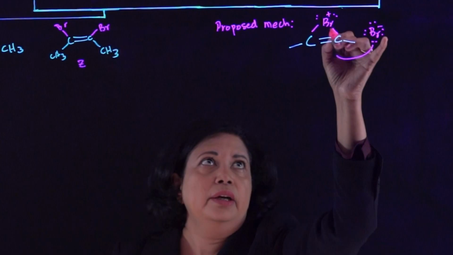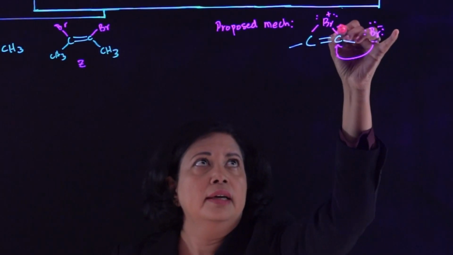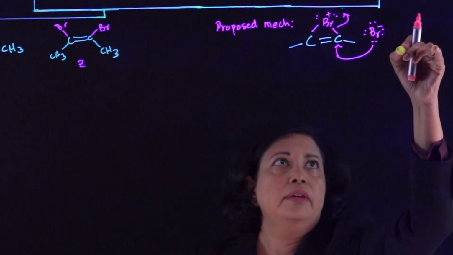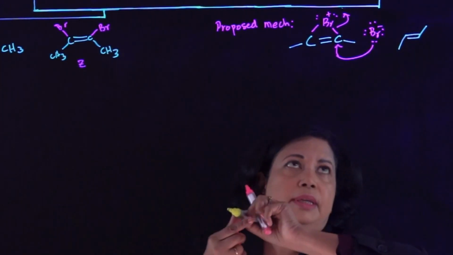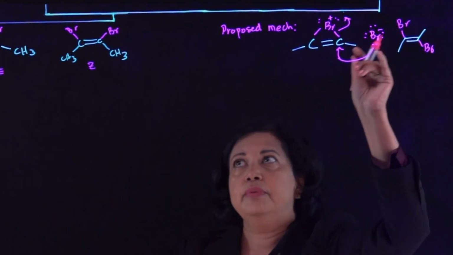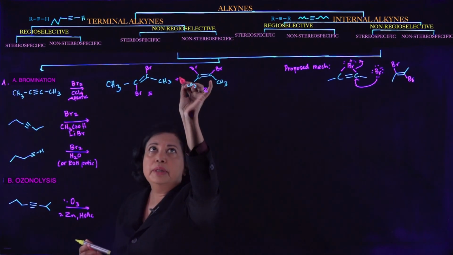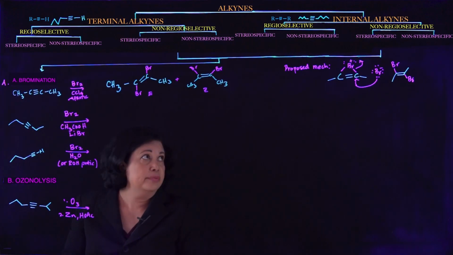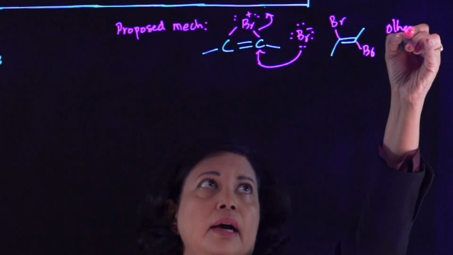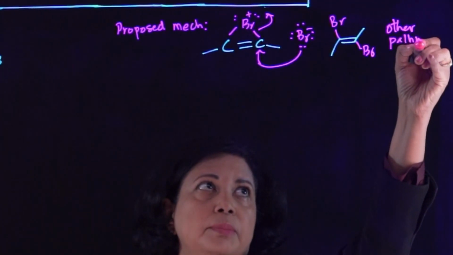And it could attack here or here and roll over that other bromide to give you trans. So this could be how the major product is forming, but as I said before, it could be a 60-40, which is quite significant, and this may not be the only one, so there may be other pathways possible.